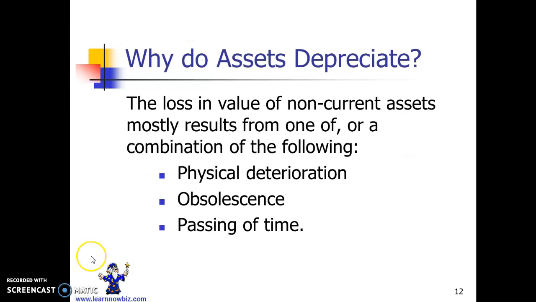Now, why do assets depreciate? Well, there are three main reasons. They depreciate because of physical deterioration, obsolescence, and the passing of time. What I'd like you to think of is some examples of assets that would just physically deteriorate, examples of assets which would become obsolete, or assets which would depreciate because of the passing of time.